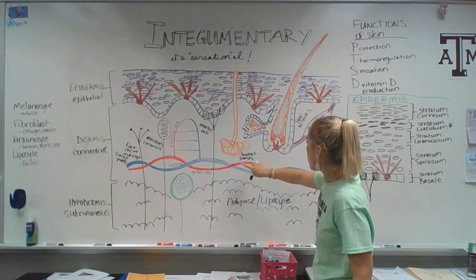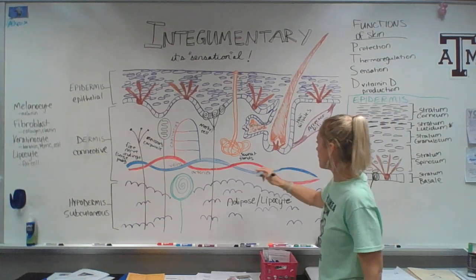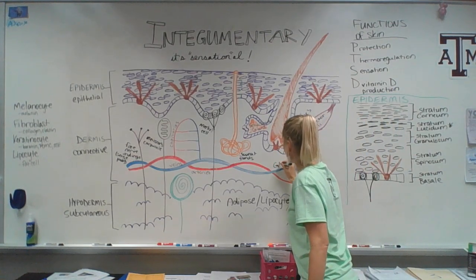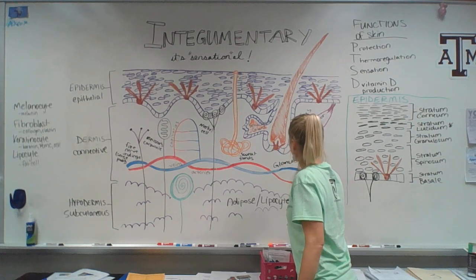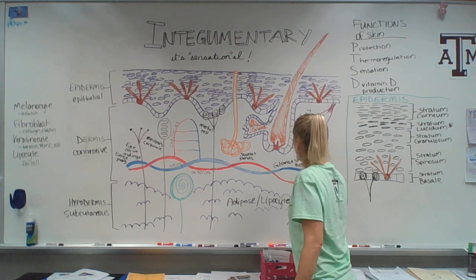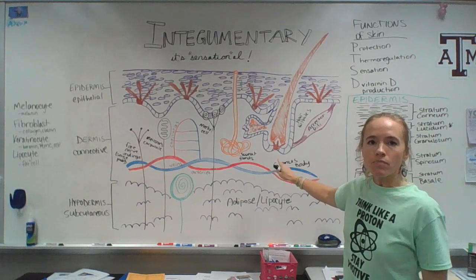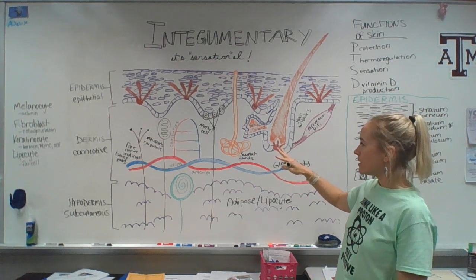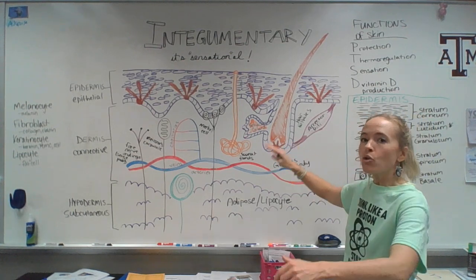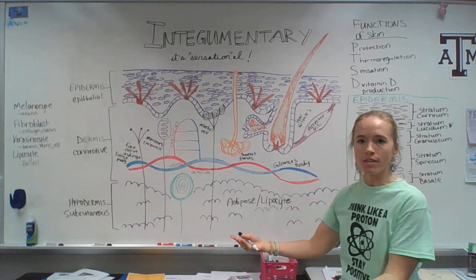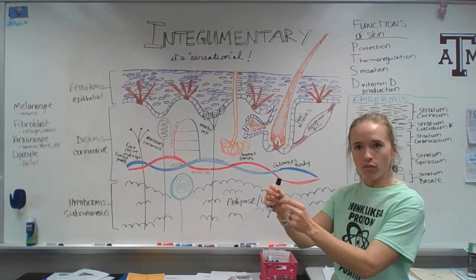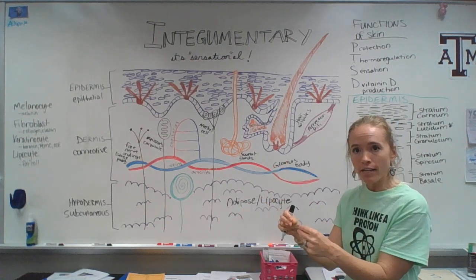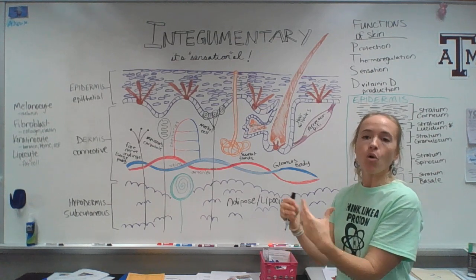Also in here, along the blood vessels in the skin, we have what's called a glomus body. A glomus body is going to sense the temperature, and then it's going to respond by having the veins or arteries, the blood vessels, constrict or dilate based on how cold or hot it is.